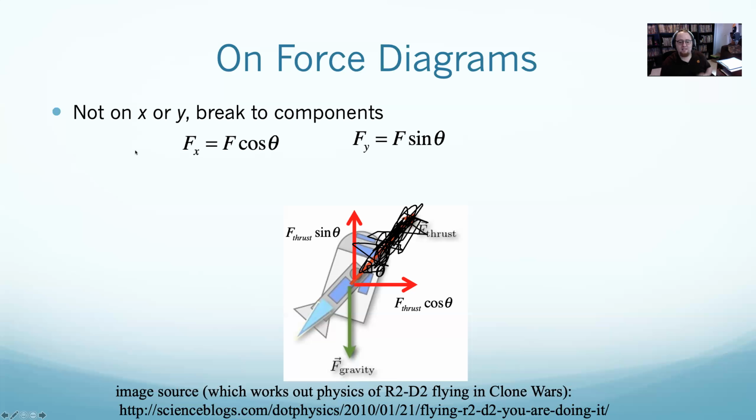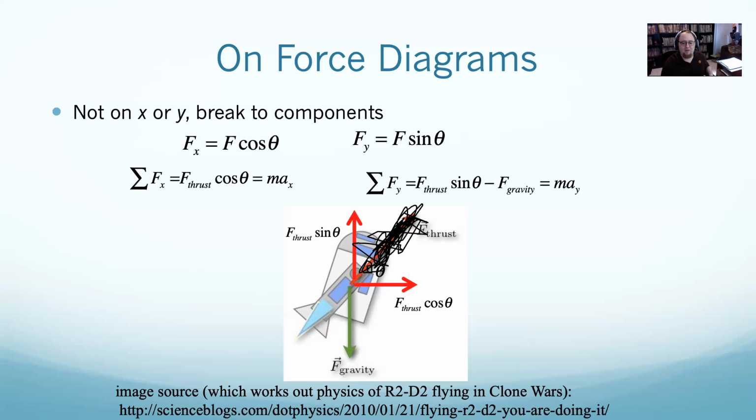I can say in X it's right minus left. So it's F thrust cosine theta, and there's nothing to the left, equals ma. In Y it's up minus down. So I say F thrust sine theta minus gravity. That's going to be how you solve these. Questions so far?